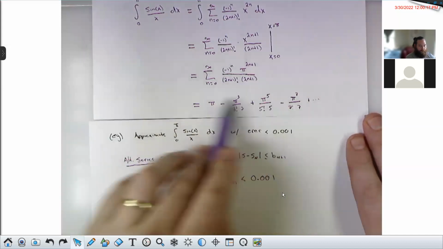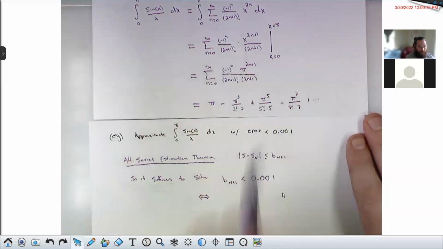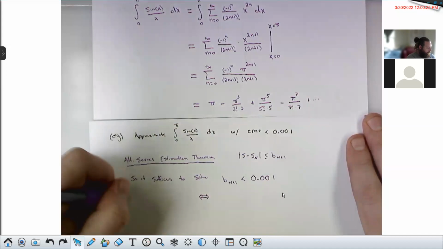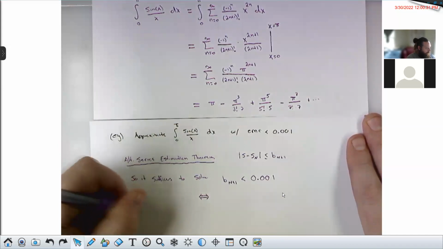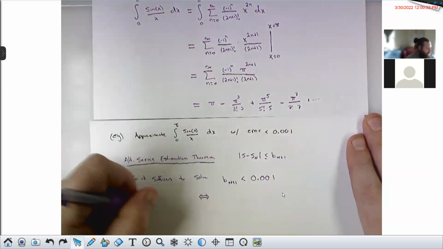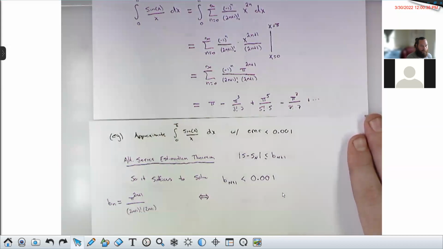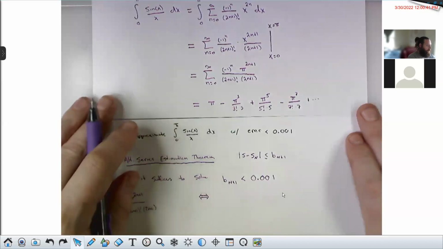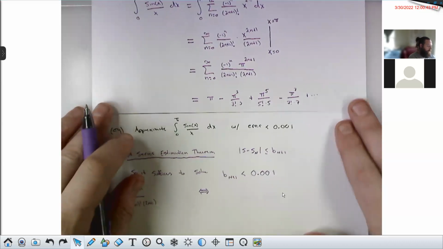The bn's in this series are everything except the -1 to the n. Off to the side here, I'll say bn is pi to the 2n plus 1 over 2n plus 1 factorial times 2n plus 1. So b sub capital N plus 1 is what you get by taking all of these little n's and replacing them by capital N plus 1.